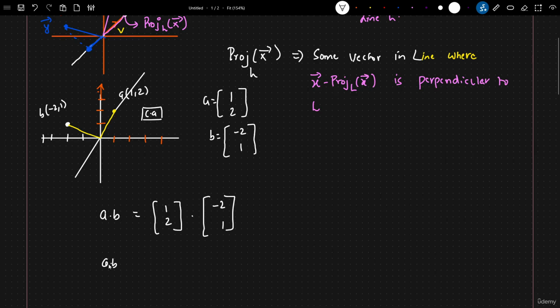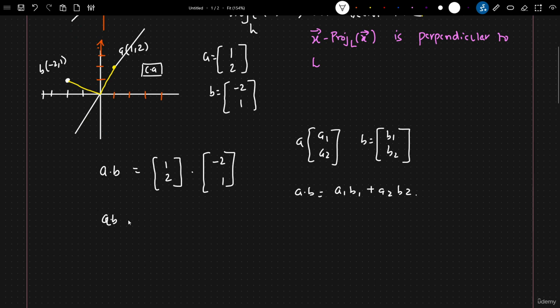If you remember, if I have a as a1, a2 and b as b1, b2, the dot product is nothing but a1 b1 plus a2 b2. So when I do this dot operation, I get 1 multiplied by -2 plus 2 multiplied by 1. So overall, I'm going to get 0.